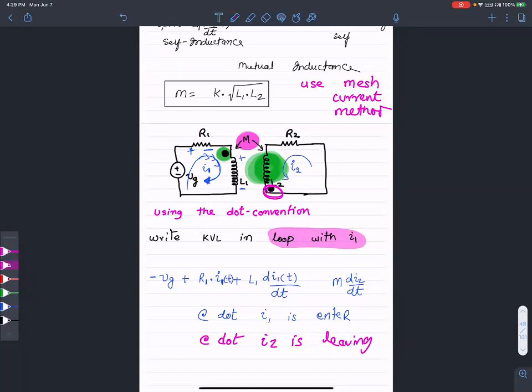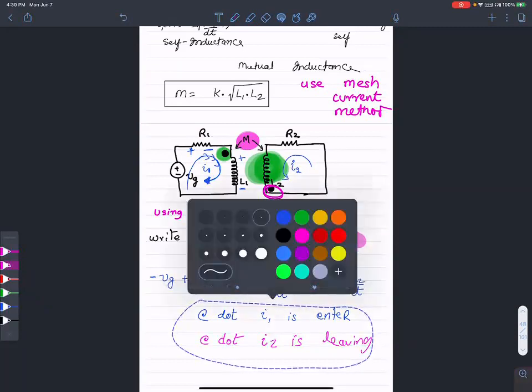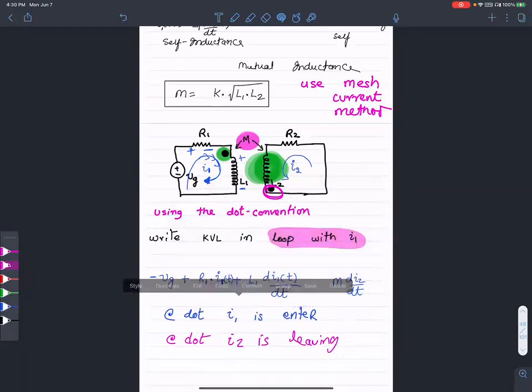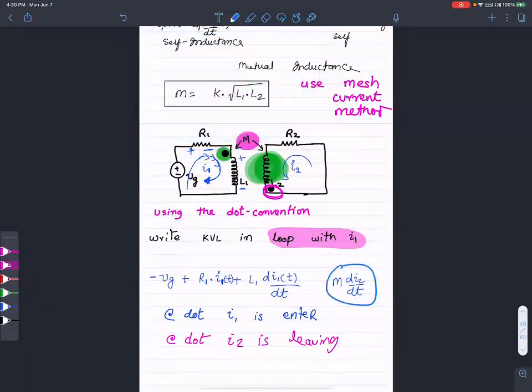Using this, we can determine the sign for this term. The dot convention says when these two are opposite, then select a sign of negative.